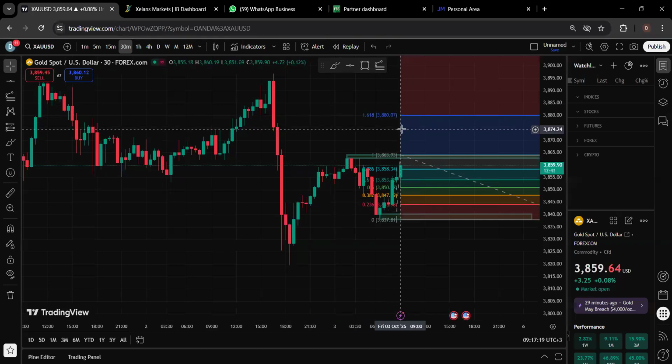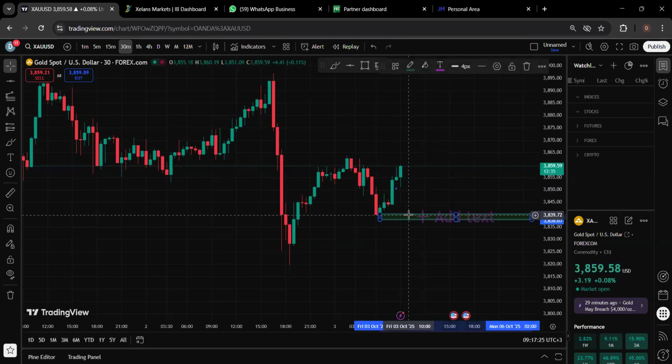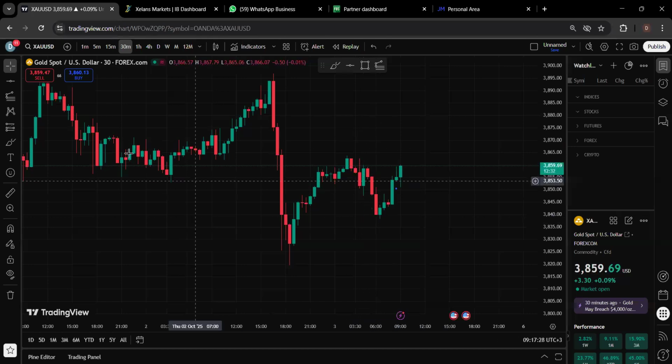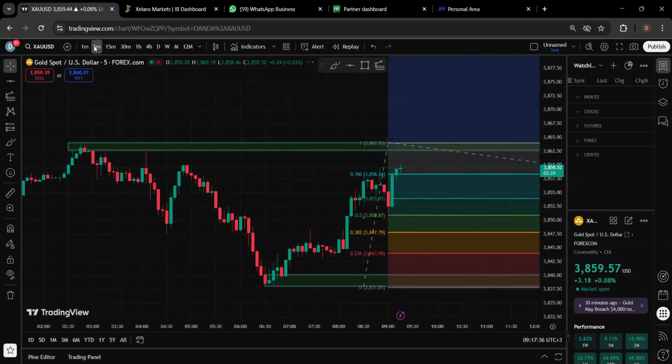Now, if you want, you can look at a bigger zone instead of looking at a small zone like this one. Because if I looked at that zone I've identified in 30 minutes, you can go to 15 or 5 minutes, and you can see how the market is behaving.